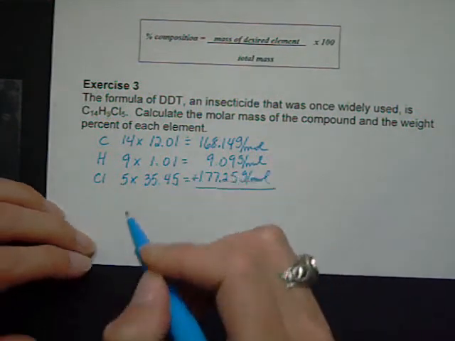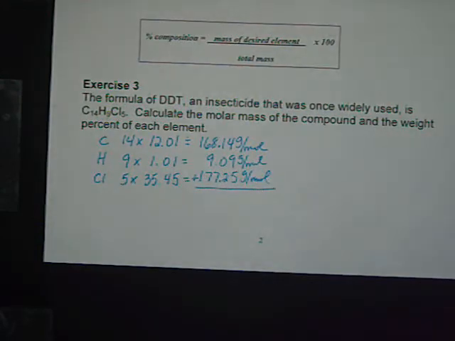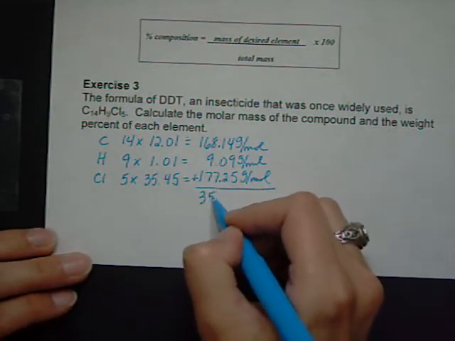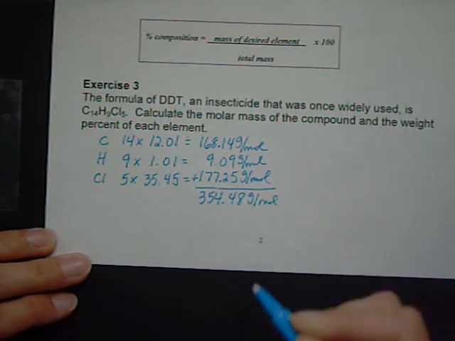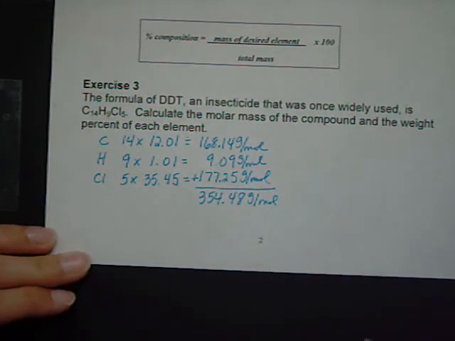Alright, so when I add these up, I get 354.48 grams per mole, and then I can use this to create my percentages.